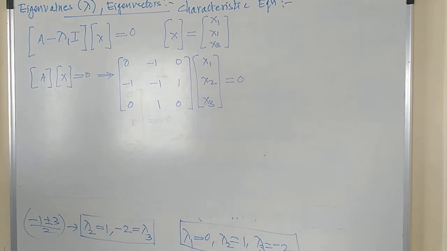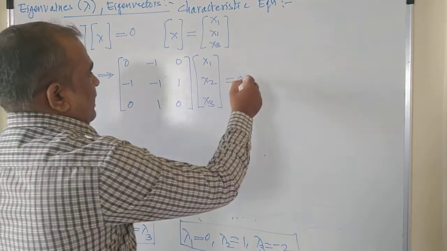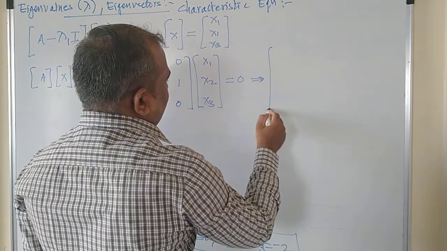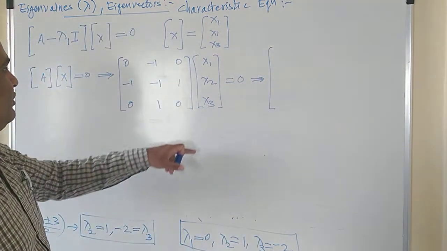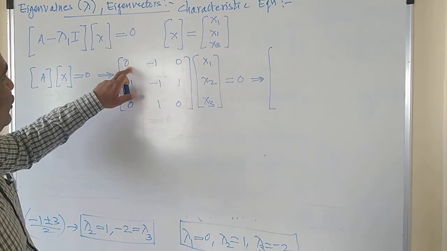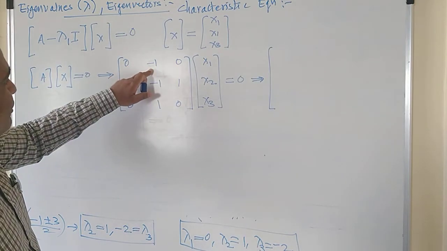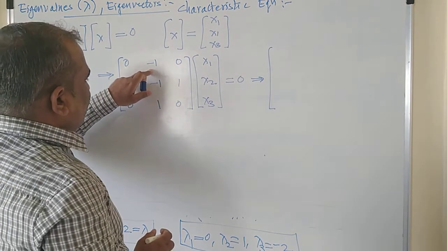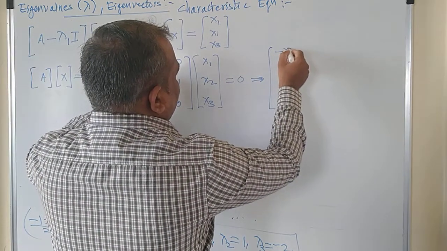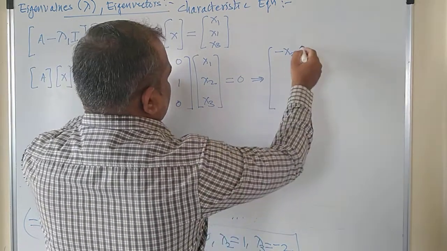This will give you some equations. Do this multiplication, first row, first column. So this will give me 0 x1 minus x2 and 0 x3. So the first element is minus x2.